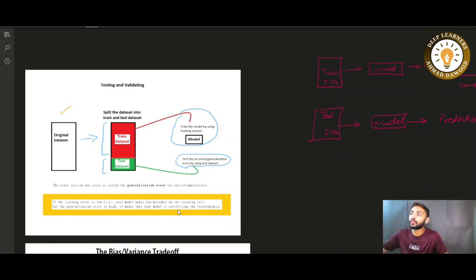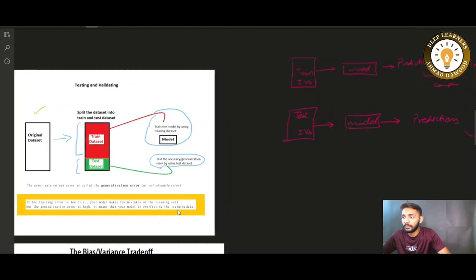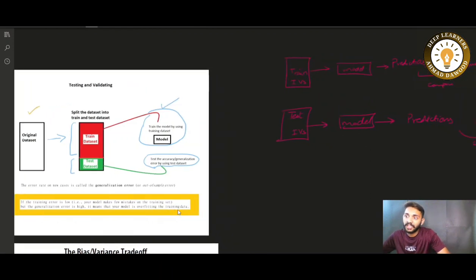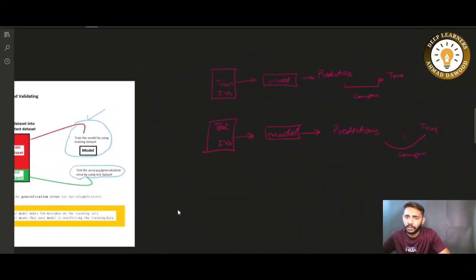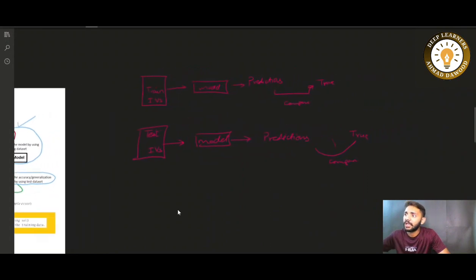Now, when we have trained our model on the training data set, we usually have two types of errors. We can get two types of scores, or you can say two types of errors. If you pass the training data points to the model, of course the model will give some predictions, and if you compare these predictions with the true values, you will get some score, or you can say some error.